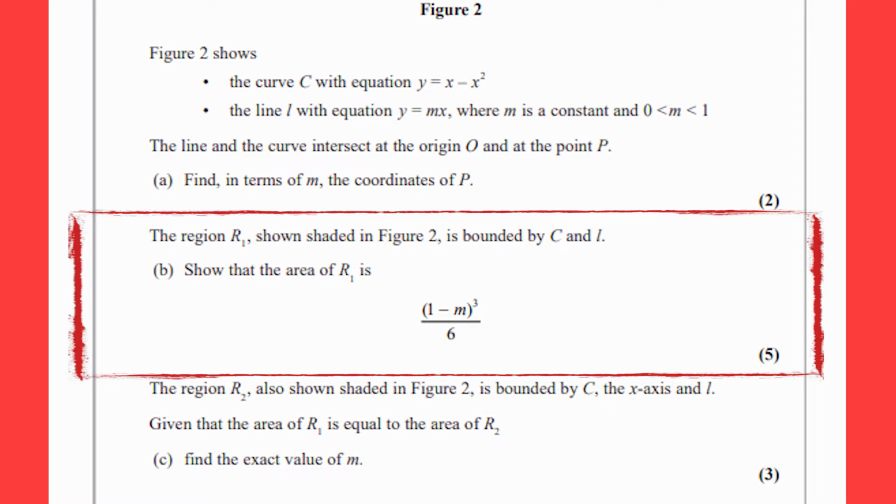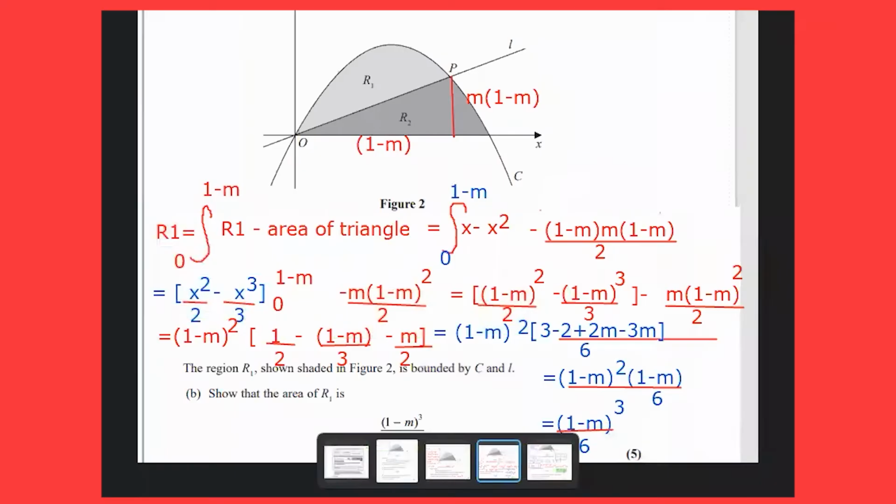In part B, they are asking us to find R1. R1 is the region between the curve and the line.